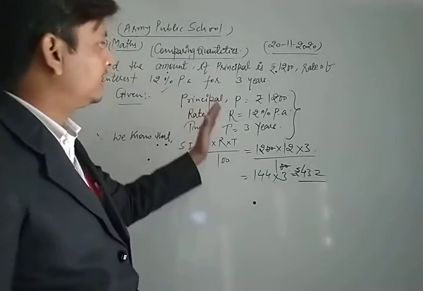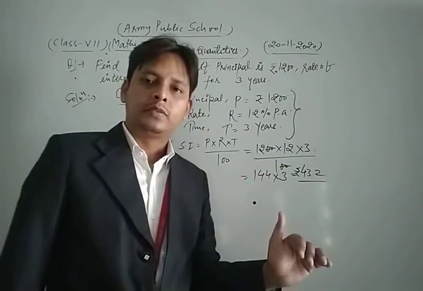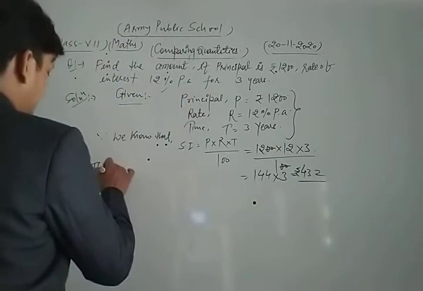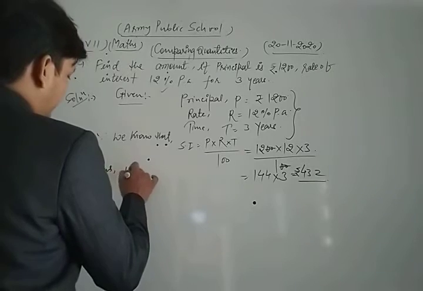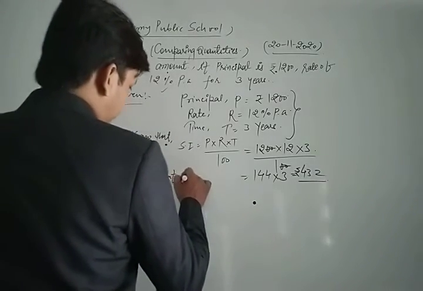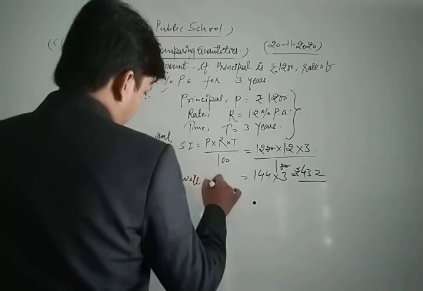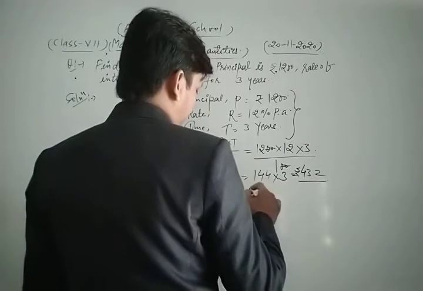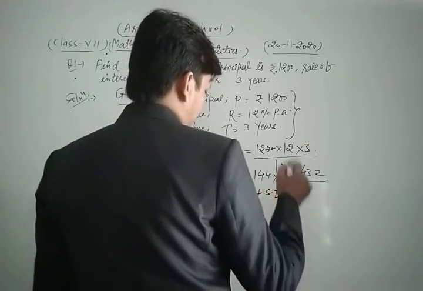So this is our simple interest. Now in that question we find the amount, no? Thus the amount will be A is equal to P plus simple interest.